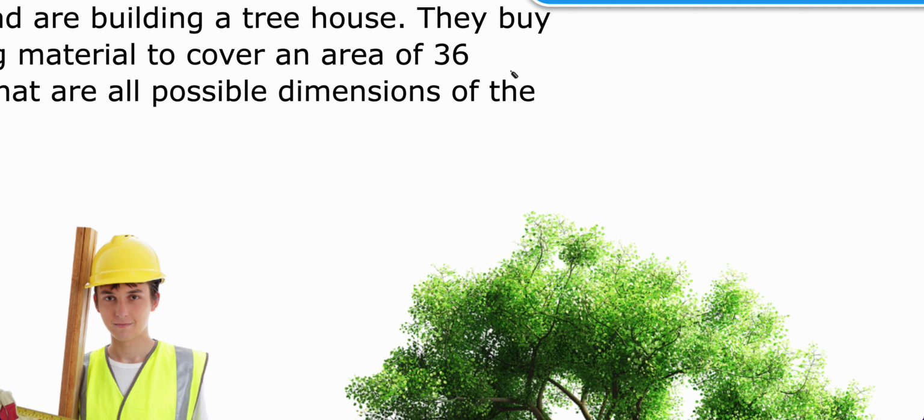Really? Don't know two numbers that multiply to 36? So, okay, there we go. When I zoom in real big like that, it makes it kind of fuzzy looking, but that's all right. It could be 6 by 6, and that could be the area of the floor. Okay, there's one. What else could it be?